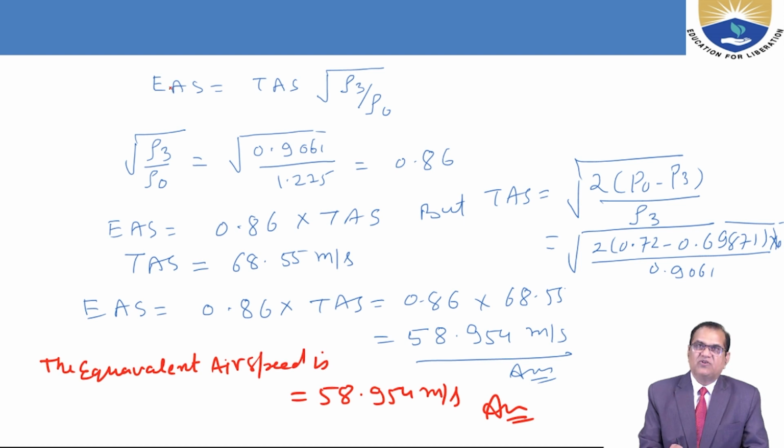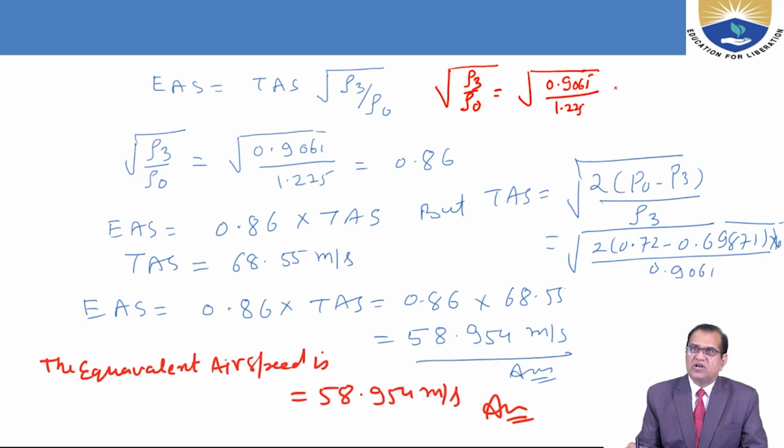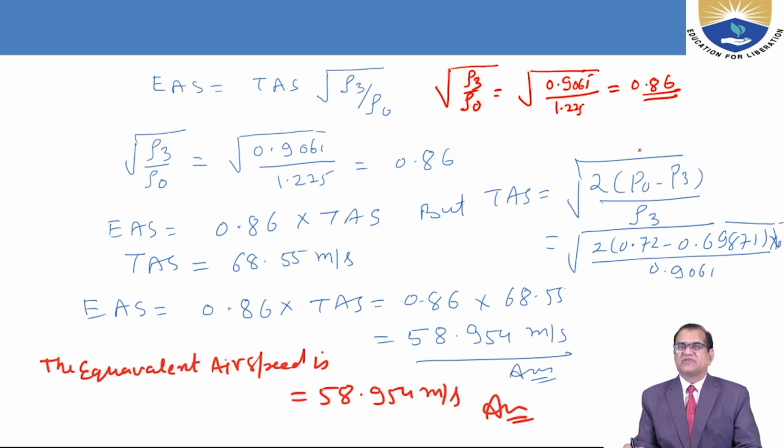Equivalent airspeed is equal to true airspeed under root rho 3 by rho naught, and this rho 3 we have just now obtained: 0.9061 divided by 1.225. This we will get as 0.86. This 0.86 we have got.